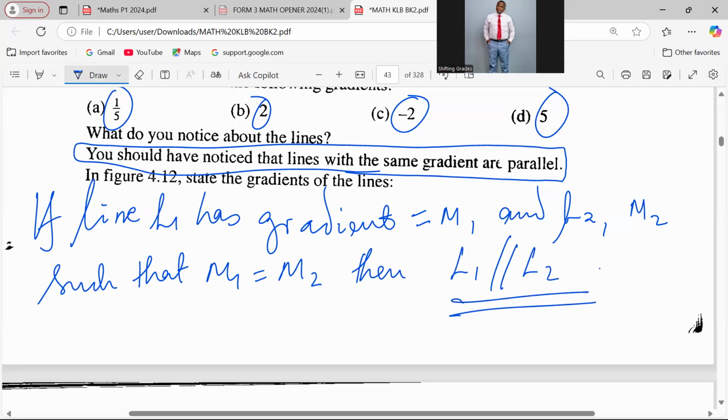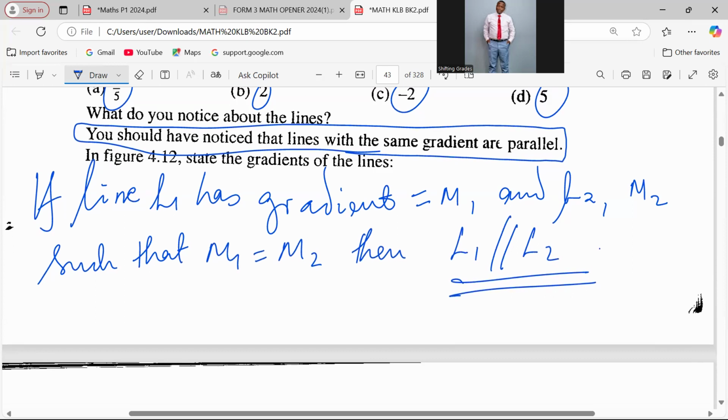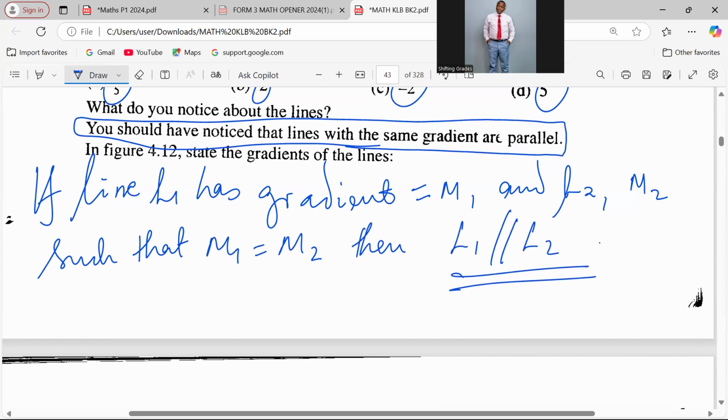So two parallel lines will share a gradient. Actually, the reason why they can't meet is because they are sloping equally. If they slope differently, they are likely to meet at some point.